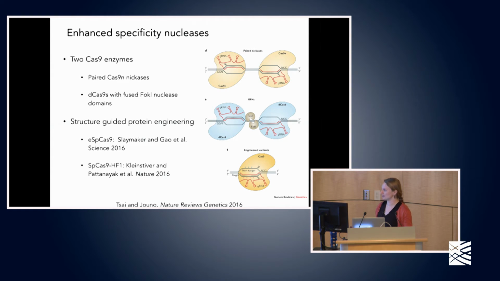And so if that is not of interest to you, you can also use these other enzymes, which are enhanced specificity single Cas9 enzymes that have undergone structure-guided protein engineering. And there are two different versions. One is called eSpCas9, and the other is called SpCas9-HF1.